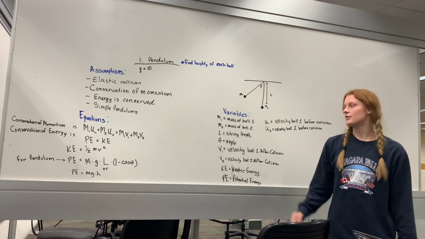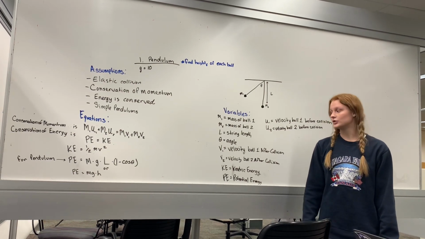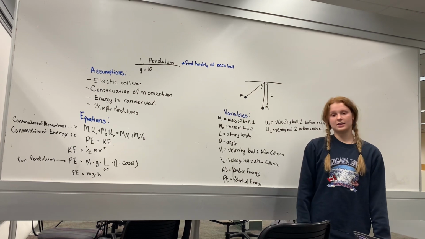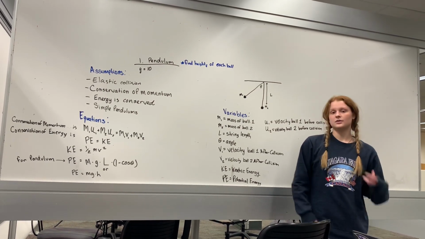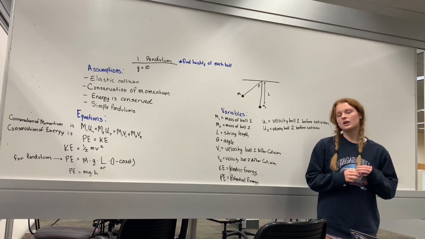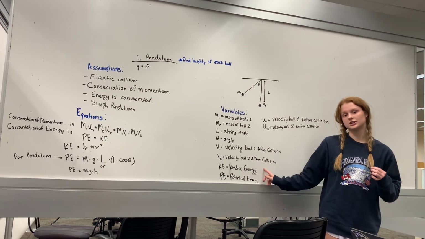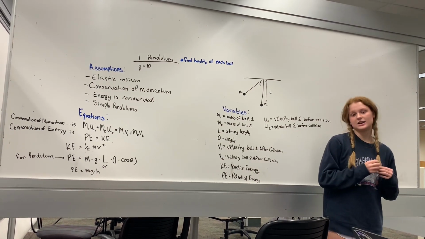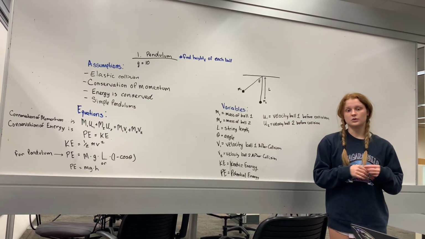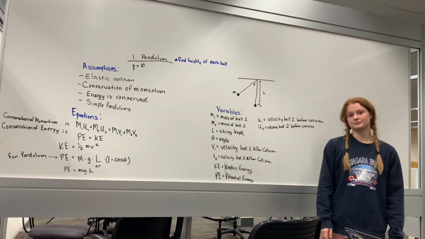The variables we have are m1 equals mass of ball 1, m2 equals mass of ball 2, L equals the string lengths for both strings, theta equals angle, v1 equals velocity of ball 1 after collision, and v2 equals velocity of ball 2 after collision. Kinetic energy is Ke, potential energy is Pe. U1 equals velocity of ball 1 before the collision, and U2 equals velocity of ball 2 before the collision.